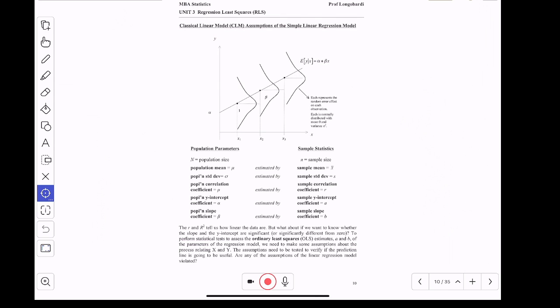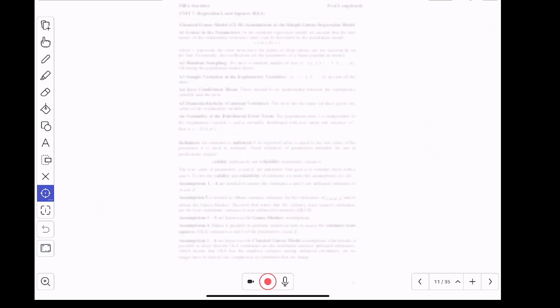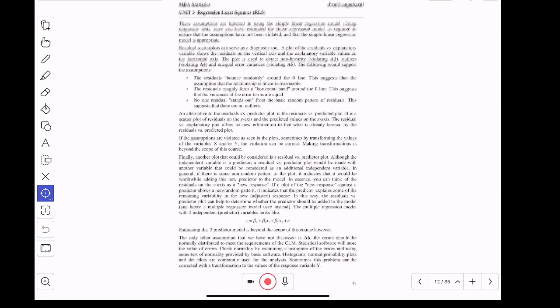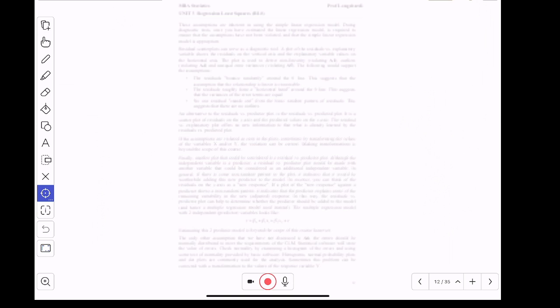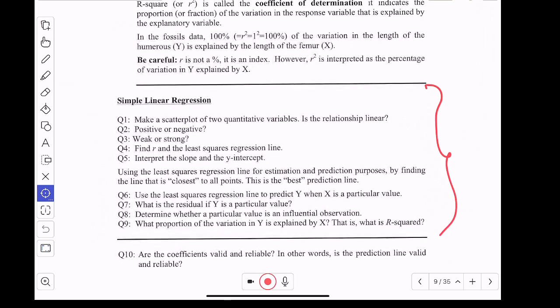That's pretty much it. You don't have to worry about these pages either, pages 10, 11, and 12. I put them in there because it's important, but I think we're going to get lost if we spend a lot of time on regression and we don't really need to. You just need the basics. So all of this, don't worry about it. So I will say up to here.